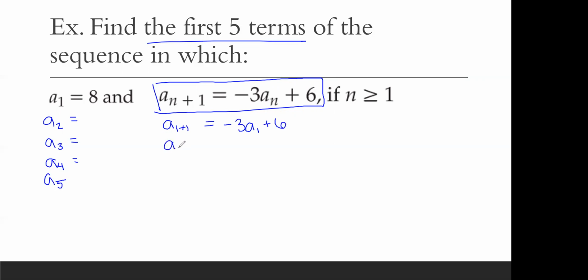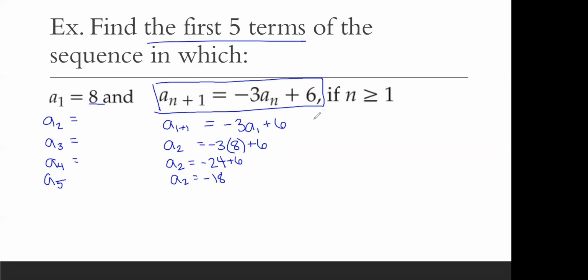So the second term is equal to negative 3 times the first term, which they told us was 8, plus 6. Then we have a sub 2 equals negative 3 times 8, which is negative 24, plus 6, and negative 24 plus 6 is negative 18. So that's the second term.